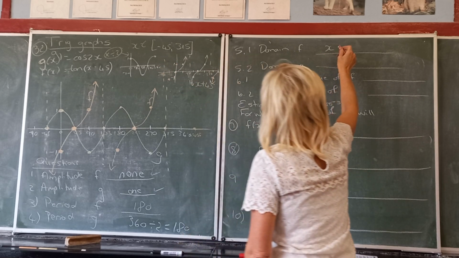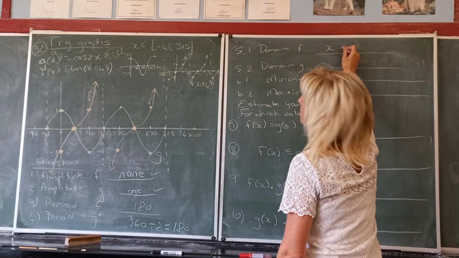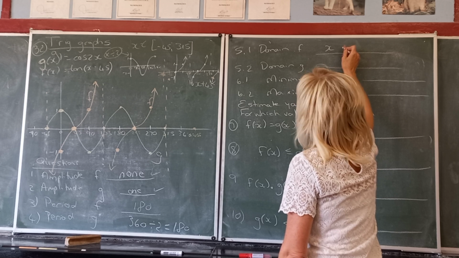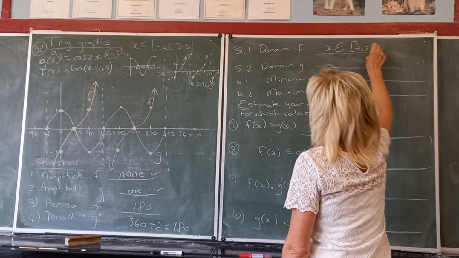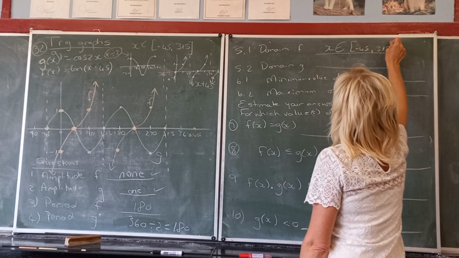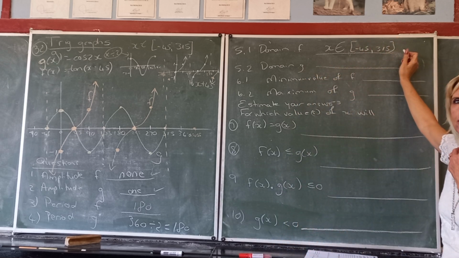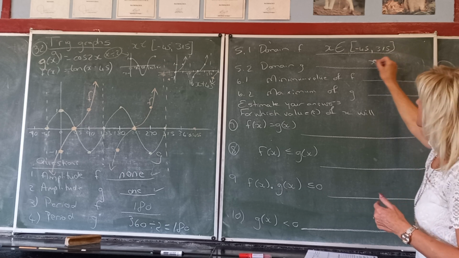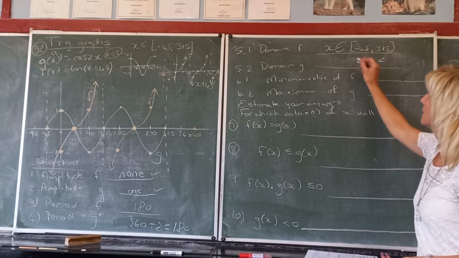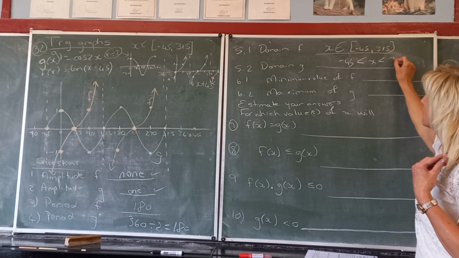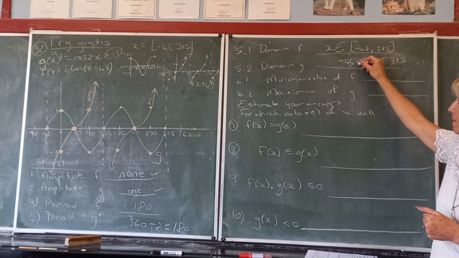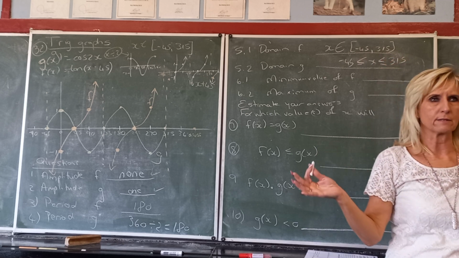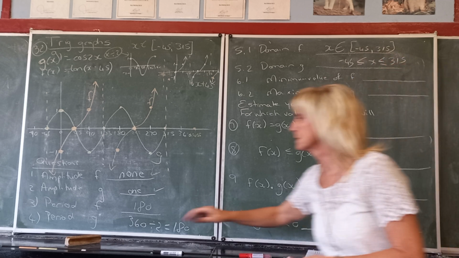So your domain would be x an element of -45 up to... And you remember when we were writing this in algebra, you could have said x is between -45, which I personally am a fan of, and that's not quite right because it must be included. And who's right? Both.